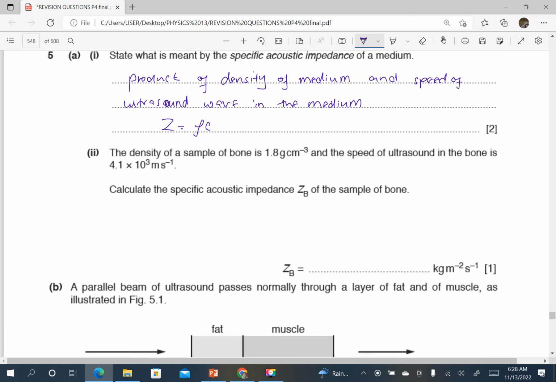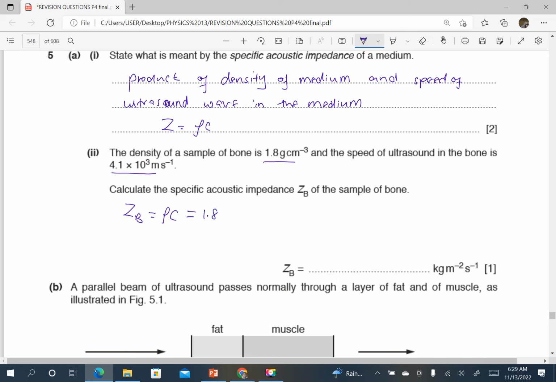The density of a sample of bone is given as 1.8 grams per centimeters cubed, and the speed of ultrasound in the bone is given as 4.1 times 10 power 3. Calculate the specific acoustic impedance ZB of the sample of bone. So ZB is going to be the density of the bone times the speed in the bone, which is going to be 1.8.